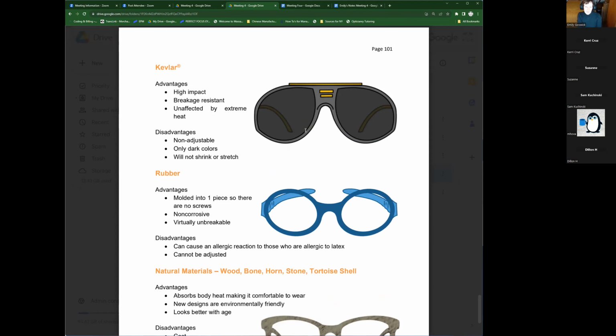So if you were to get asked a question about that, it's going to have a lot of the same properties as you would expect of some kind of armor related thing. And then rubber, again, not super common.